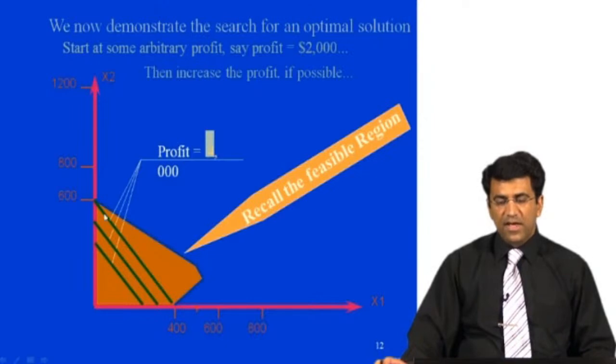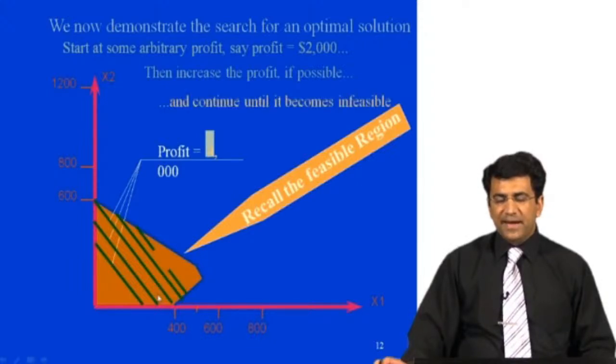Up to 4000 we will have another parallel profit line again within that particular region. So if we increase that profit by a particular amount, we will get these sort of parallel lines, and finally we will get the line which touches the last peak point of our feasible region.